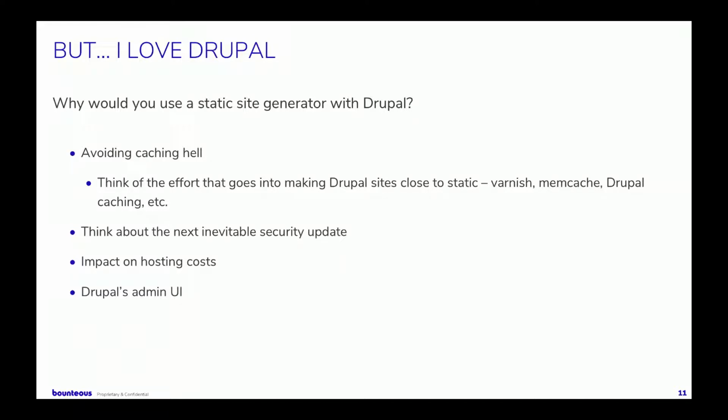Right, where we might have Varnish up in front of it using Memcache. There's all of Drupal's caches. It gets complicated, and really, what it feels like we're doing there is trying to make this as close to a static site as possible for as many people as possible, as many visitors as possible.